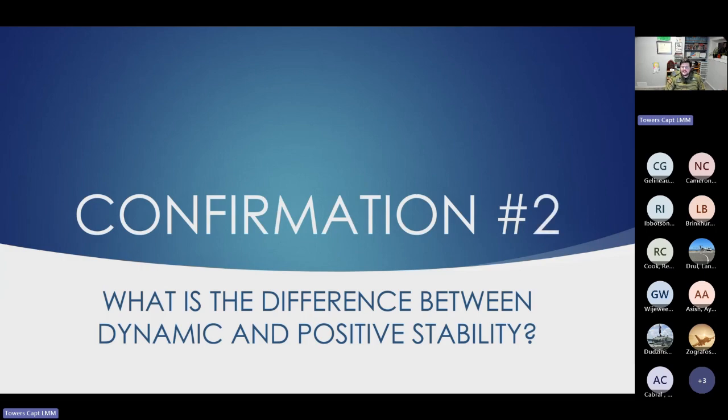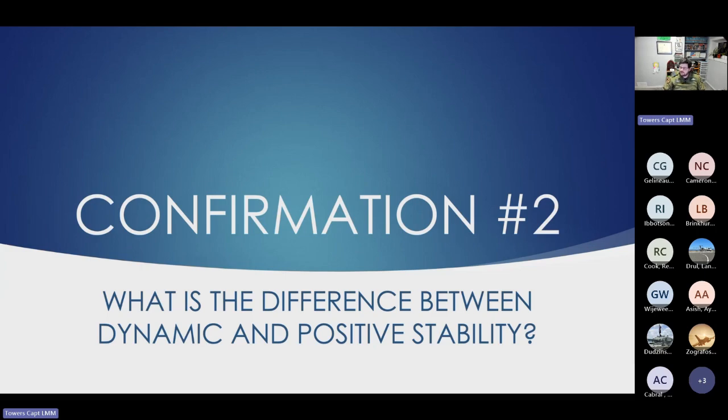Question number 2. What is the difference between dynamic and positive stability? Brinkhurst. Cadet Brinkhurst, can you tell me what the difference between dynamic and positive stability is? I'm moving too fast for you then.